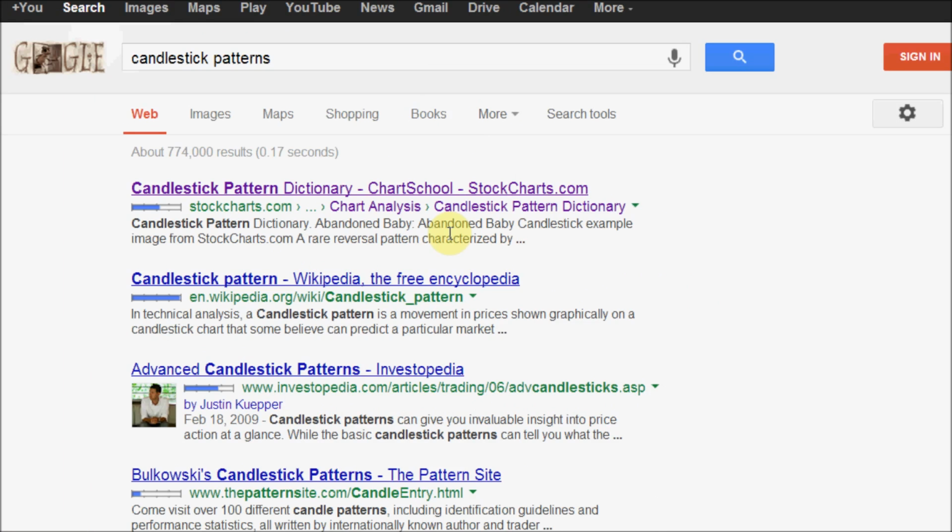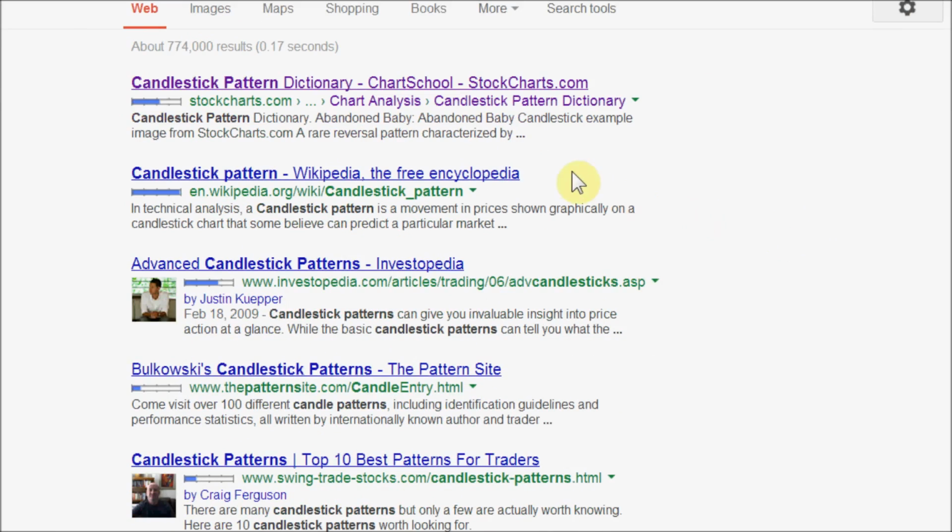Now, don't be limited in your studies to the 4 websites I just showed you, because if you do a Google search for the term candlestick patterns, you will get 774,000 results. StockCharts.com shows up in the #1 spot. Not surprised about that. Wikipedia.com has some great information.